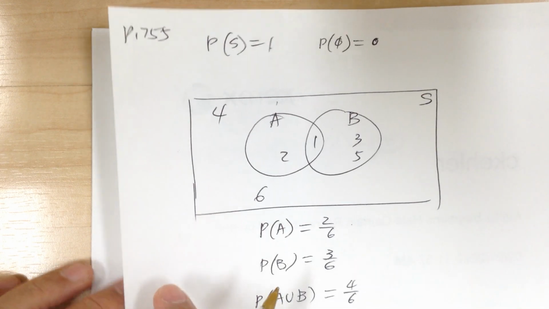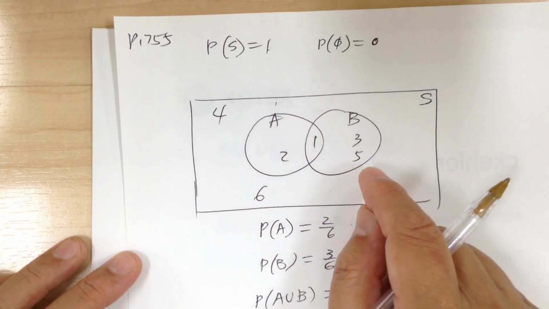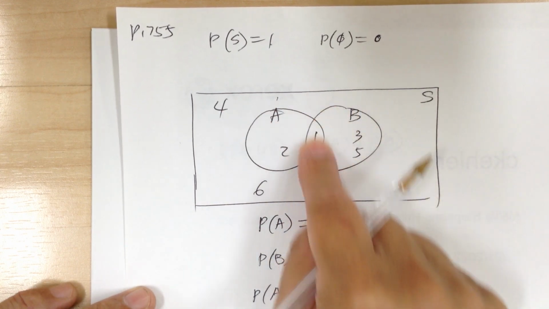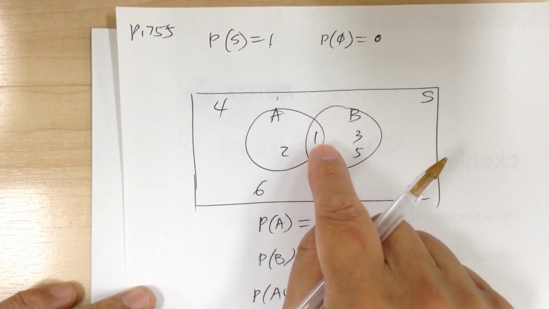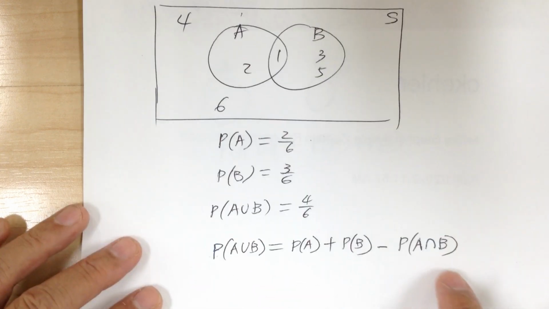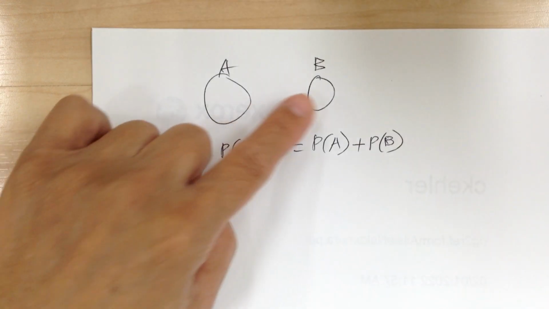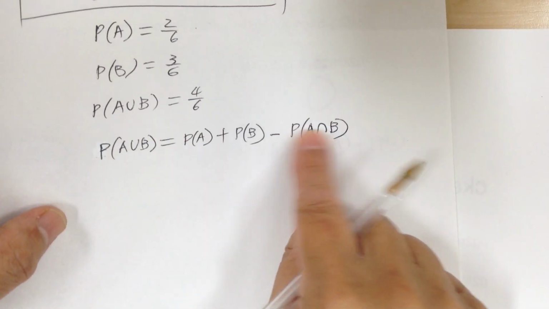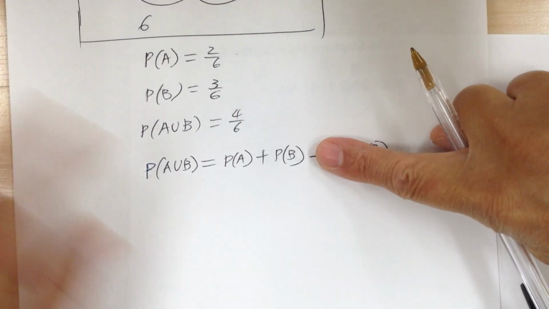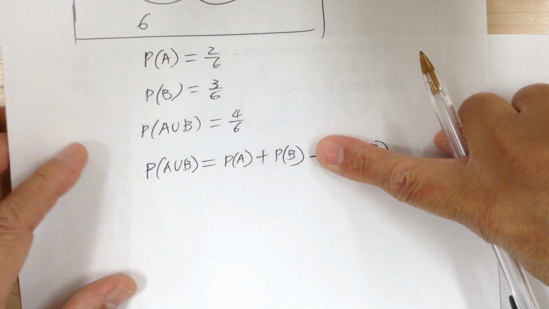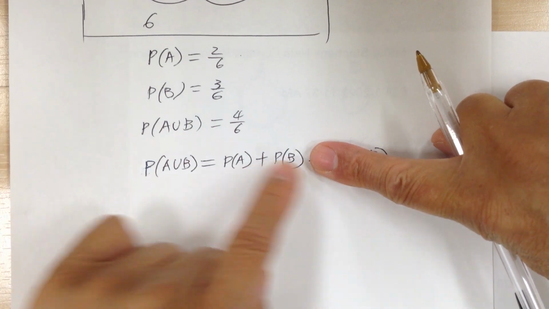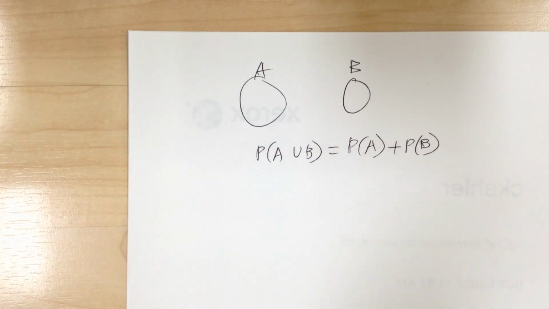So again, when you're doing this, use a picture, use a little bit of common sense. This whole thing will be equal to the probability of A plus the probability of B, but this got counted twice, so you have to minus that. But if there's no overlap, then this would be equal to 0. So when this is equal to 0, you get that. That's where it came from. So when there's no overlap, you just add them together.